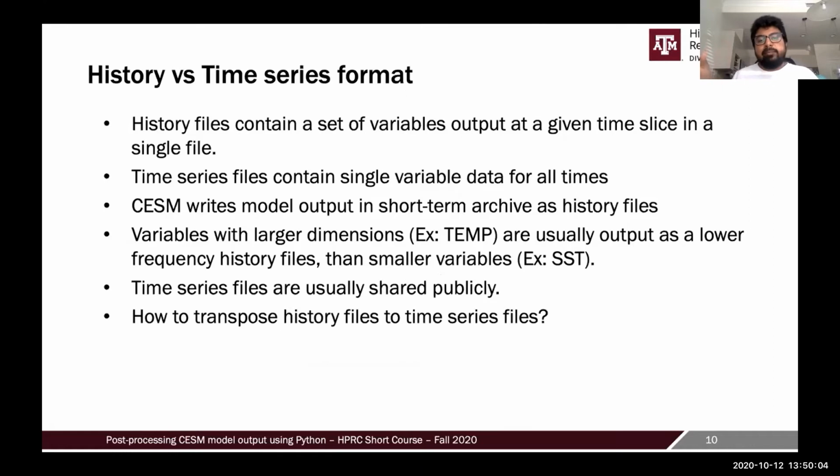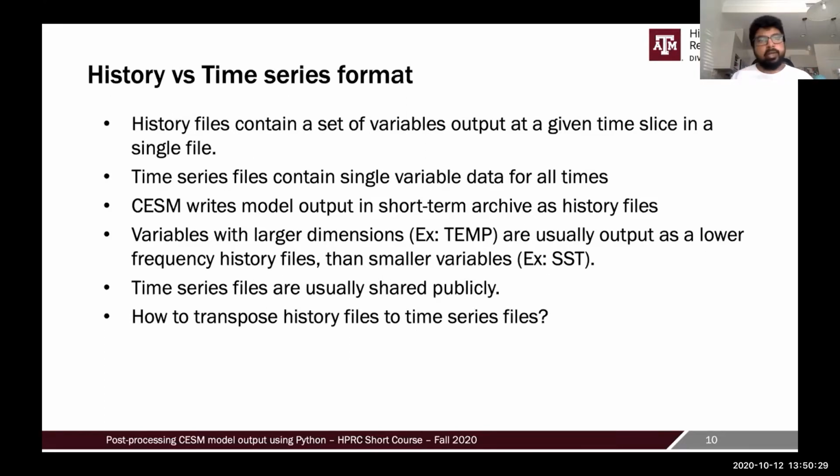But for certain applications, you may want to transpose it to a time series format. And what is a time series format? Some people also call it just a variable. So if, for example, you want the entire SST, the sea surface temperature, as a function of time all in a single file, that's the equivalent of a time series file.